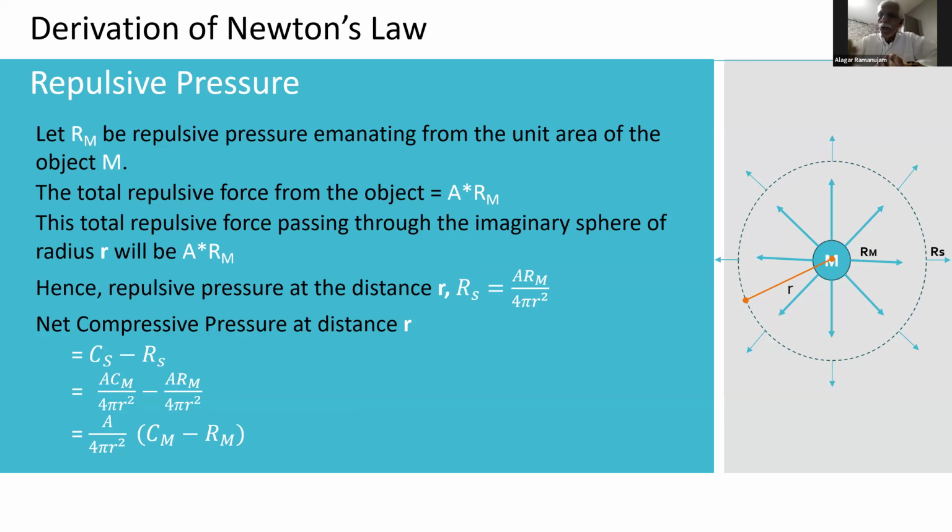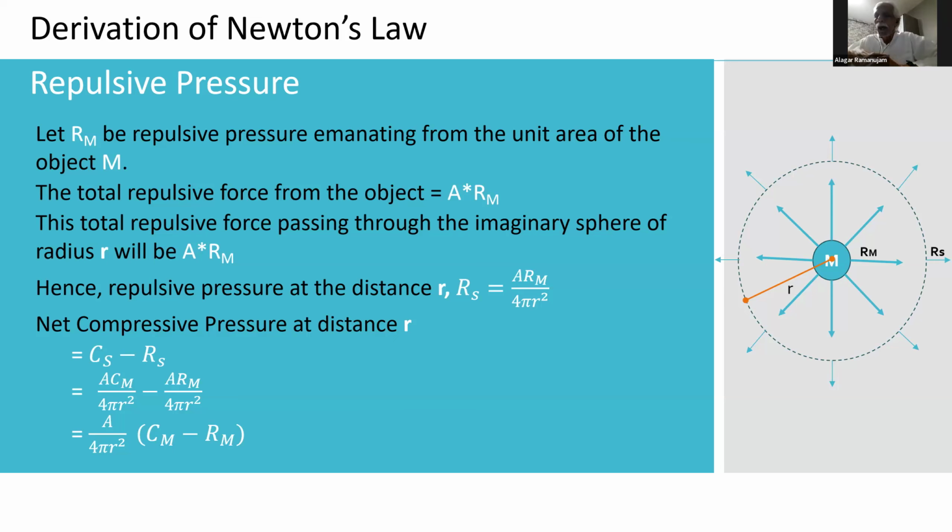The total force passing through the outer sphere is A into Rm. So that total force divided by the area of the sphere, 4 pi r square, will be the repulsive pressure on the surface of the sphere.